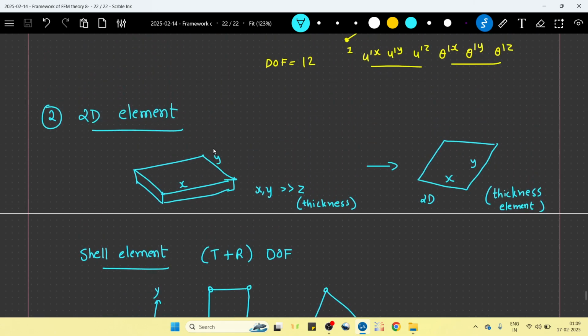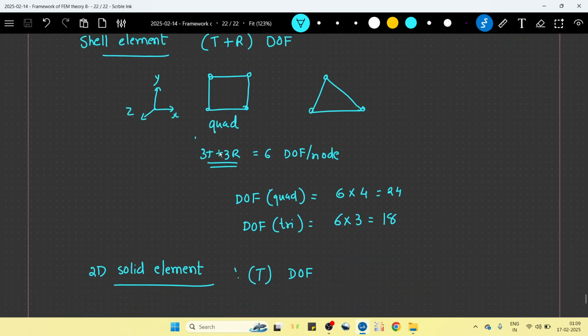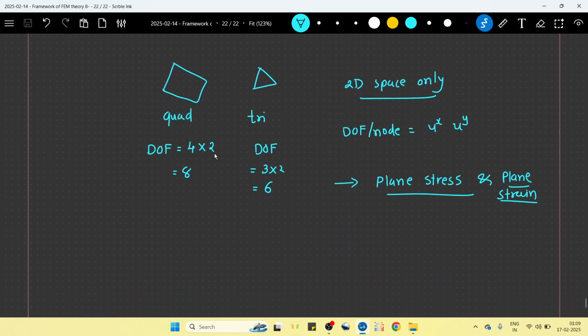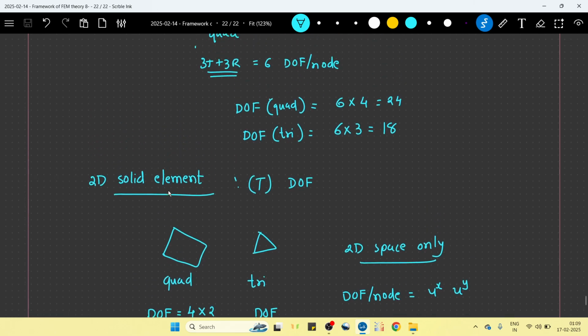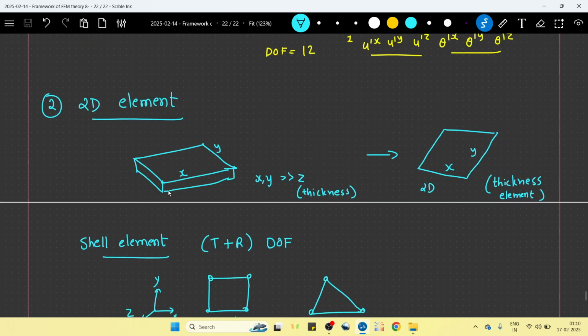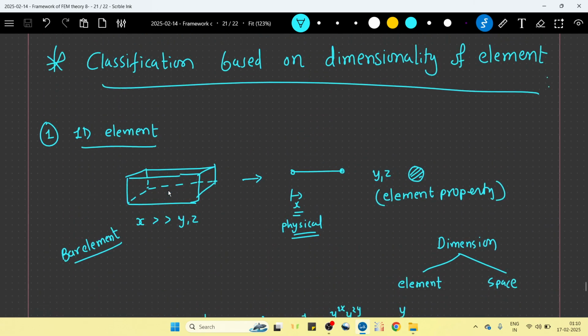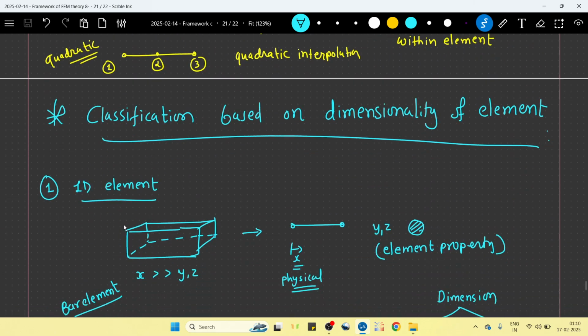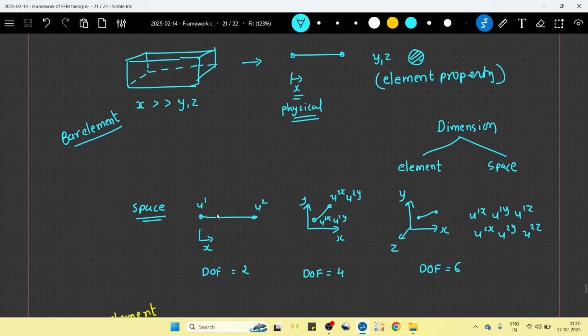Now these 2D elements can also be represented in axisymmetric space. Okay, so that is also another type of 2D elements. We have also discussed this linear and quadratic elements, right? So all these elements again can be of two types.